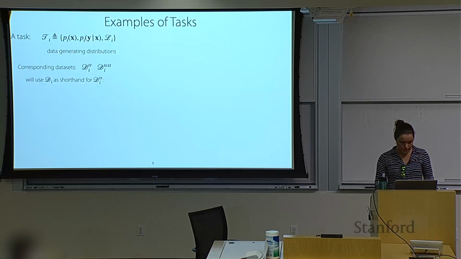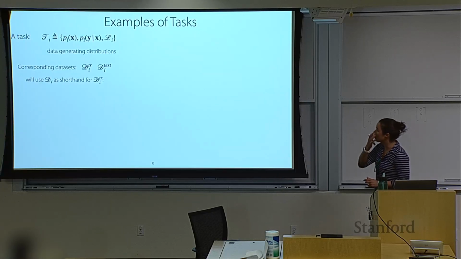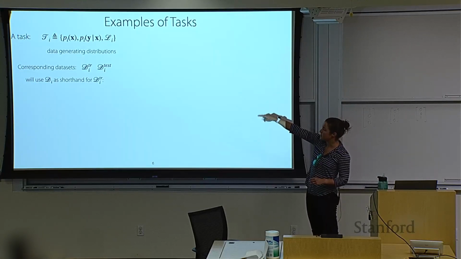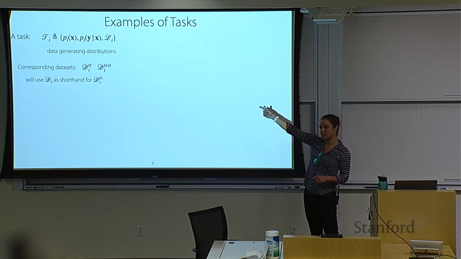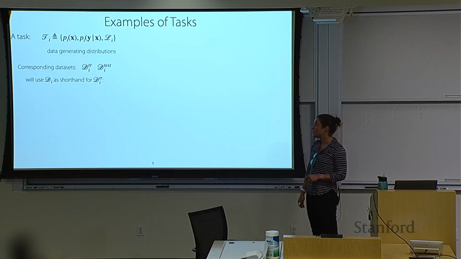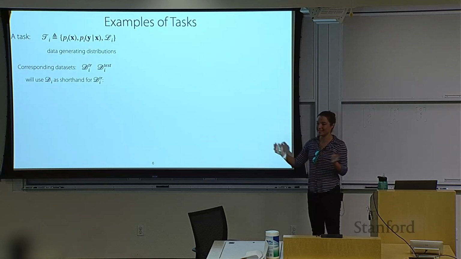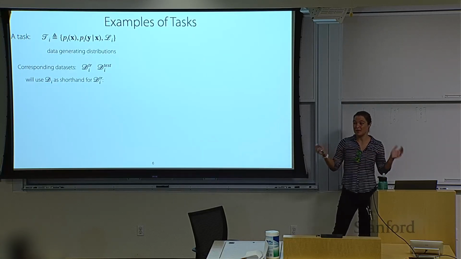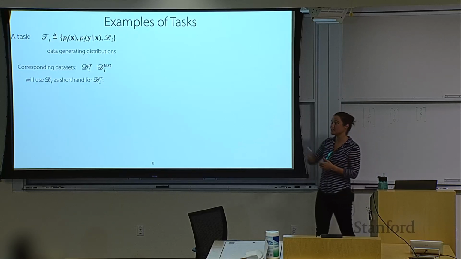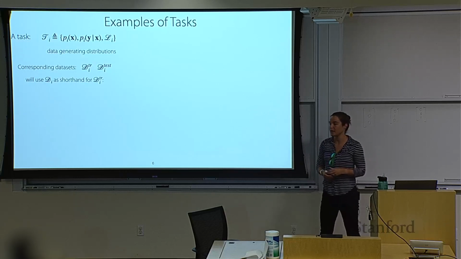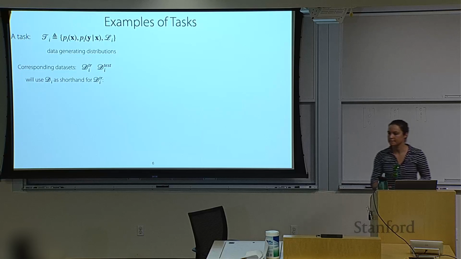As we talked about before, each task will be defined by its own data generating distribution, and then the training data set is drawn from that data generating distribution. You may have cases where p of x is the same across tasks, and in that case, all of the x's in your data set may be identical, but even in those cases, the y's will be different for different tasks. And in general, these training data sets will be different across tasks. Does that answer your question?